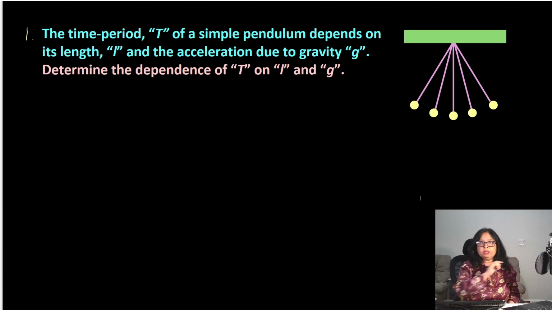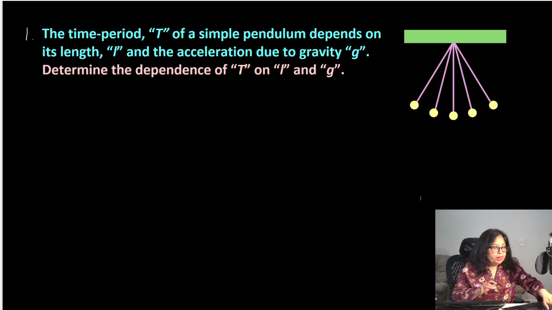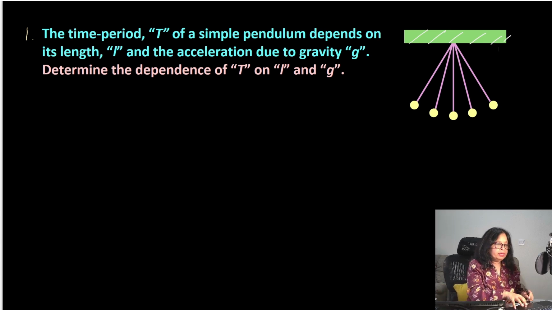So the question is, what is a simple pendulum? A simple pendulum is a mass that is attached to a string and it is anchored to some surface, like this surface here. And this mass can oscillate sideways. Let me show it to you in action.